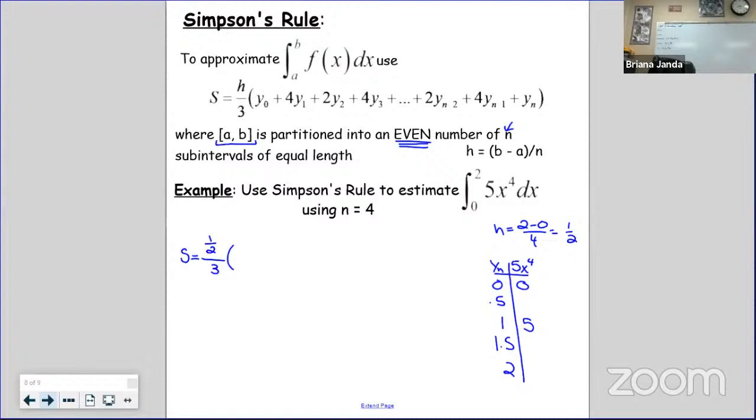Okay, so using our Simpson's rule here, let me fill in the rest of this table. 0.3125, 25.3125, and 80. If you like the table setup, go right ahead and do that.